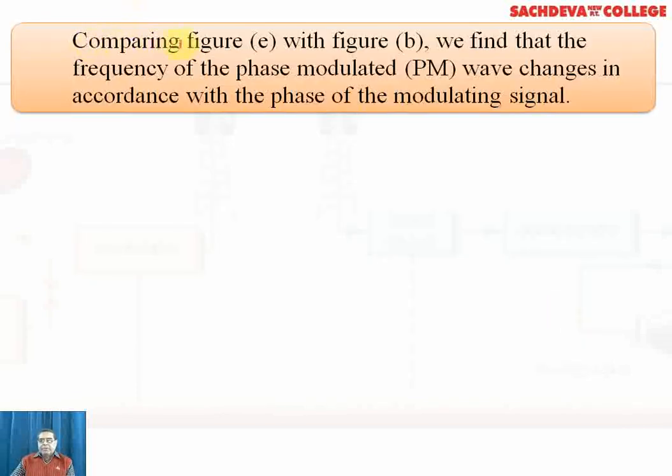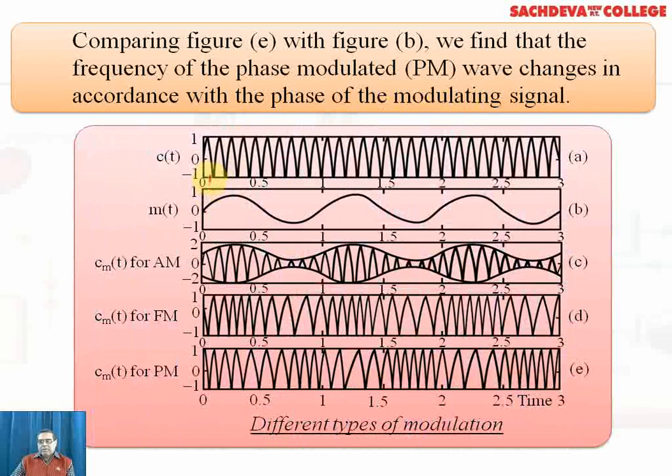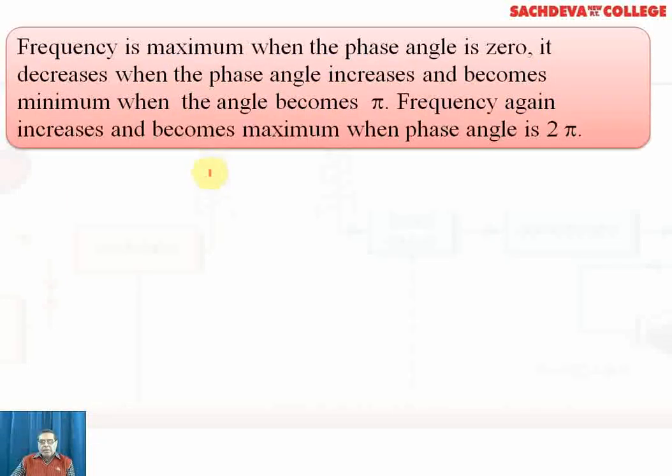So if we compare figure E with figure B, then we find that the frequency of the phase modulated wave changes in accordance with the phase of the modulating signal. We can see the figure from that. So whatever statement is mentioned here can be conveyed from this figure.